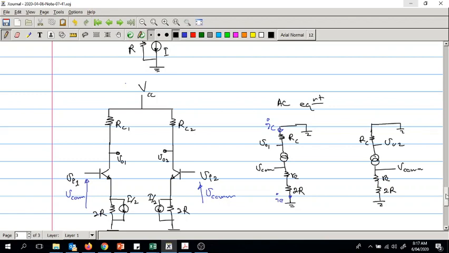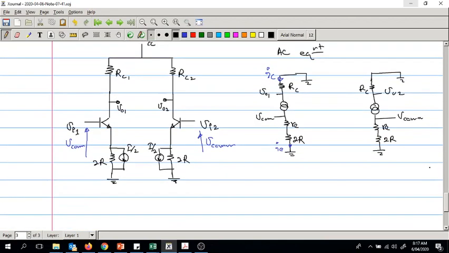If you can't remember how to derive the AC circuit, you will have to go back and revise that. We've been doing that in the first topic as well. So this is IE. Two identical sides, but the difference is that this is V out 1 and this is V out 2. We are going to measure the voltage difference between these two, because that is our output.